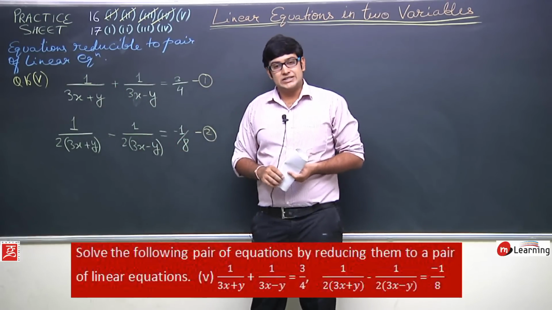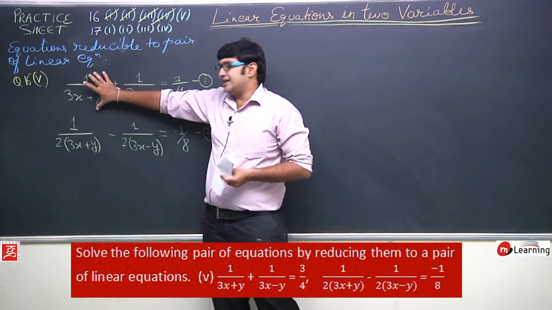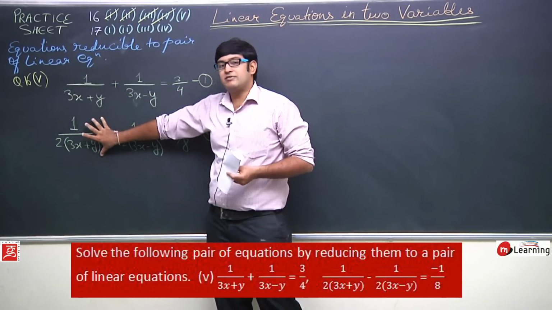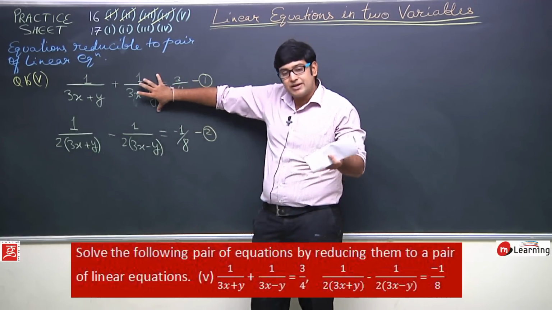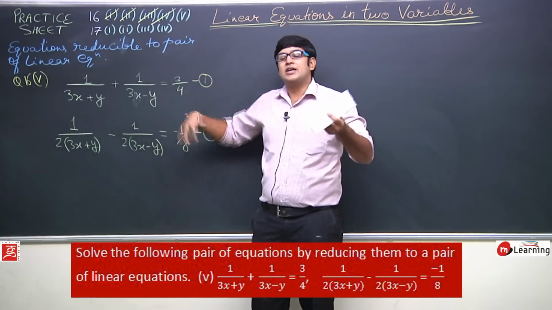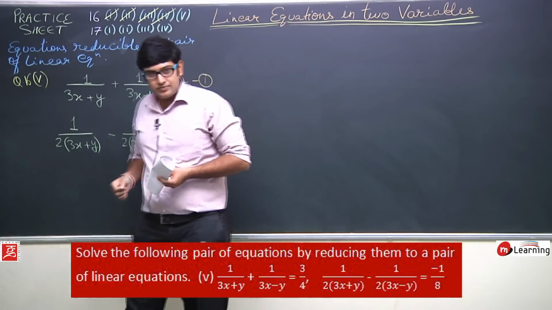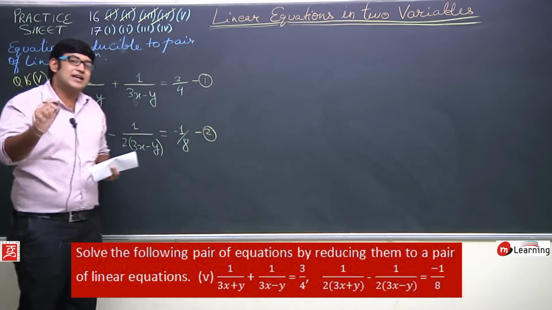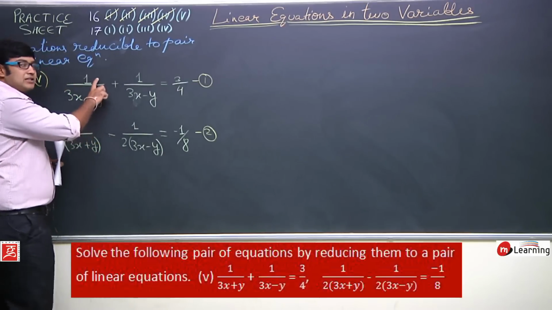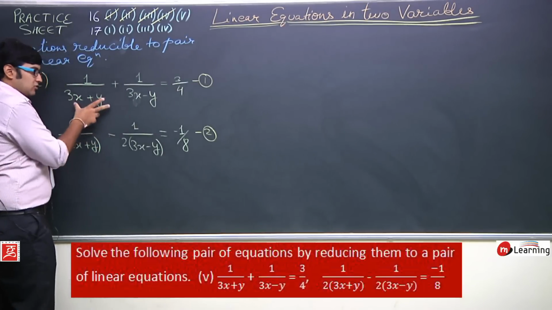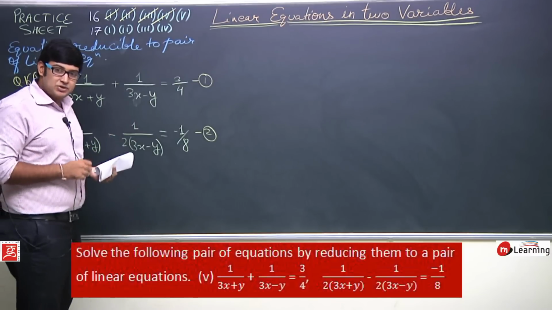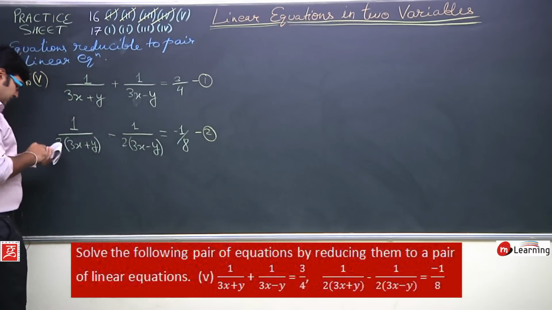the equations. You can see that 1 upon 3x plus y and 1 upon 3x plus y is common in both the equations. Similarly, 1 upon 3x minus y is also common in both the equations. Hence I will assign variables to these common expressions in both the equations.